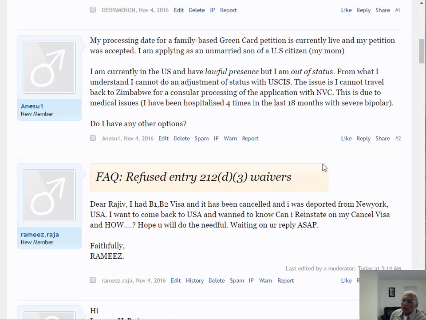The answer is, if you are out of status, I think even the kindest interpretation of law, which is section 245K, for people who are not immediate relatives of US citizens, there is an exemption for people who are immediate relatives of US citizens. But if you are out of status for 180 days or more, even under the most benevolent exceptions, I don't think there's anything we can do or suggest for you.